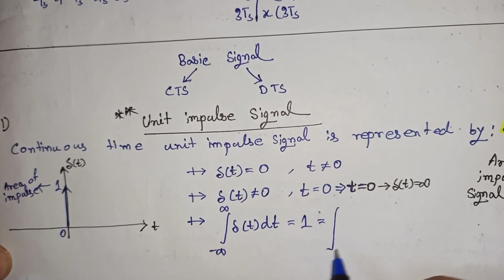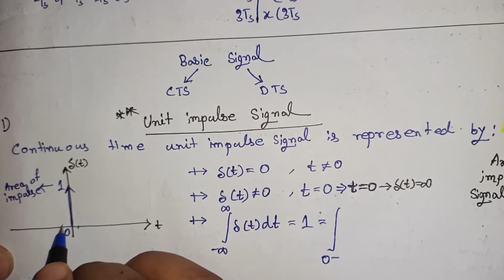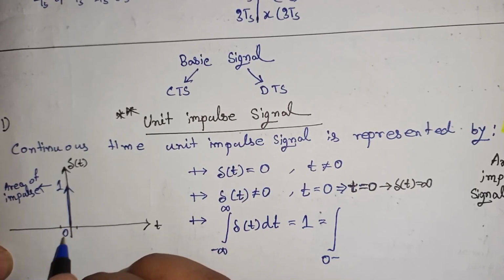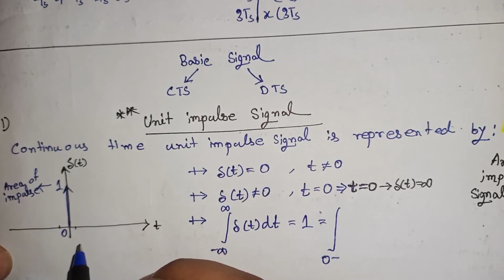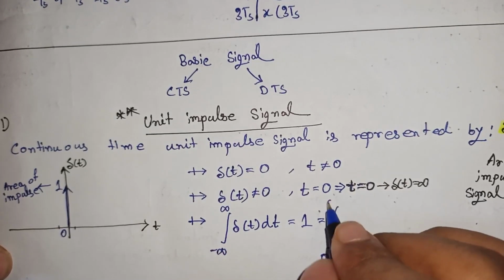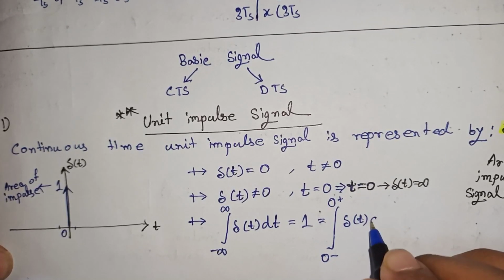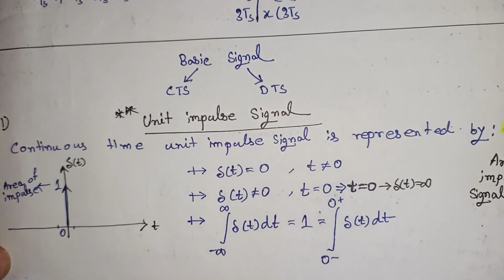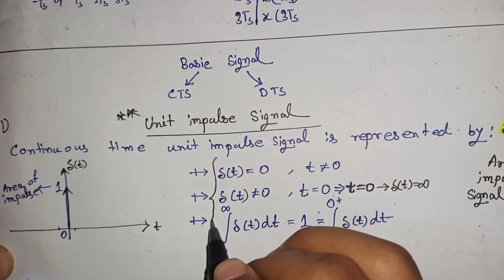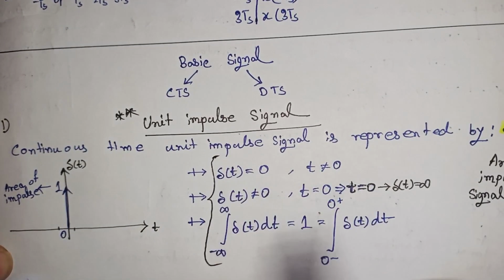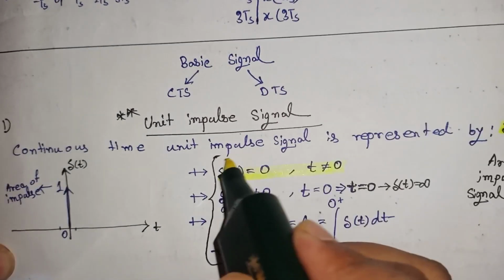In another way, from 0 minus to 0 plus del t dt, you can also say the area is 1. Okay, so you can write the definition of del t by these three ways.